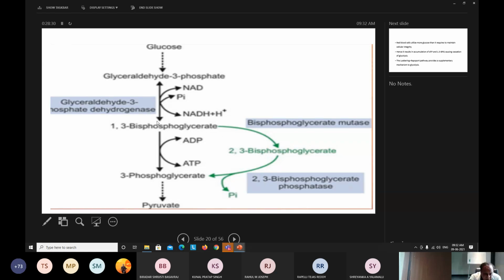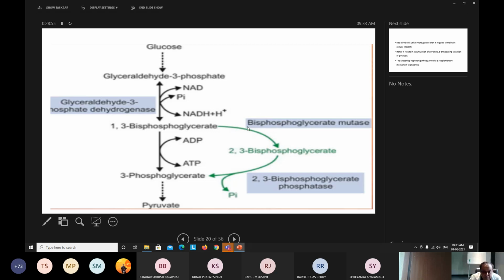Instead of going directly to form 3-phosphoglycerate, in this pathway it gets converted into 2,3-bisphosphoglycerate. 1,3-bisphosphoglycerate gets converted into 2,3-bisphosphoglycerate in the presence of bisphosphoglycerate mutase.